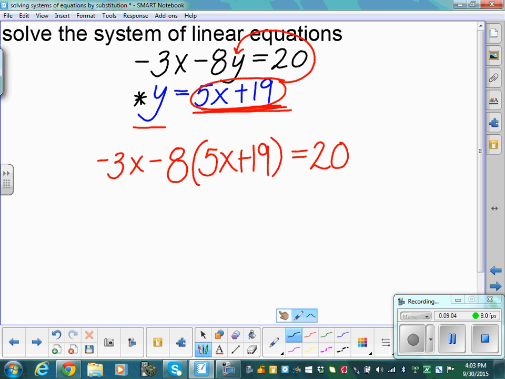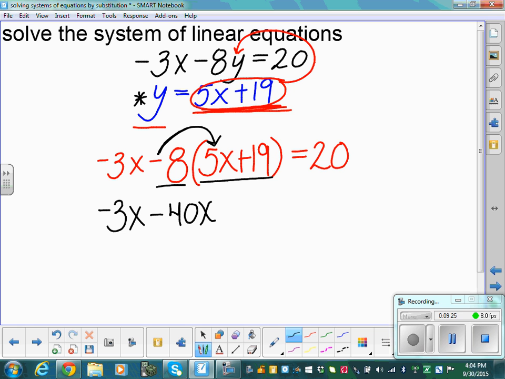And now we'll go ahead and simplify this and then combine like terms and solve. I have negative 3x's. And then notice I have negative 8 times all that stuff. So I need to distribute in negative 8. Negative 8 times 5x is negative 40x.